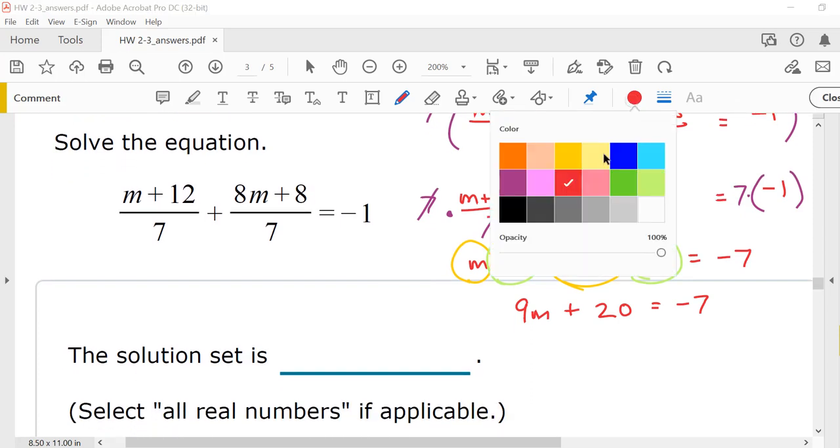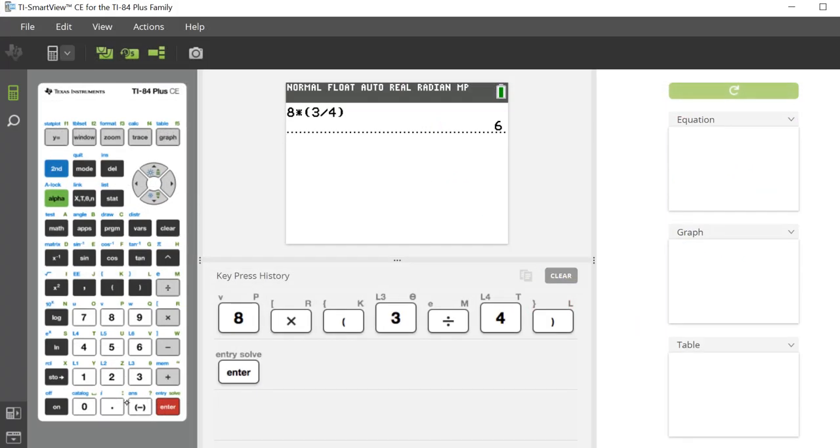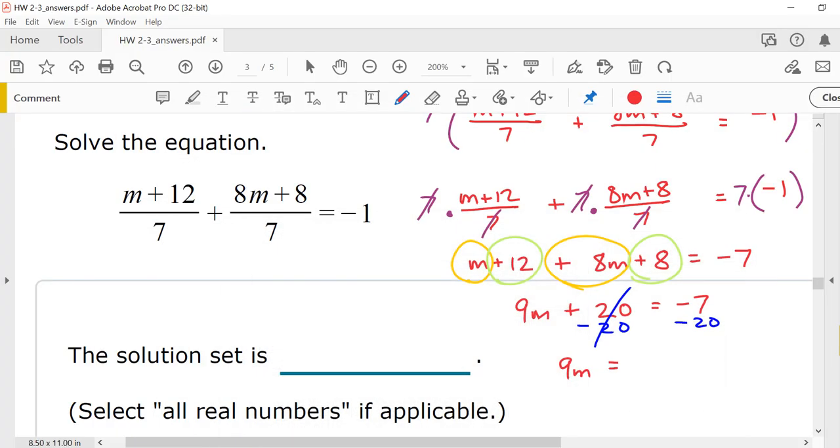If I subtract 20 from both sides, I have 9m equals negative 7 minus 20, which is negative 27. Dividing both sides by 9, I have m equals negative 3. Negative 27 divided by 9 is negative 3.